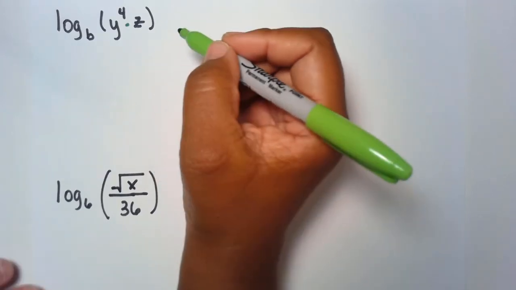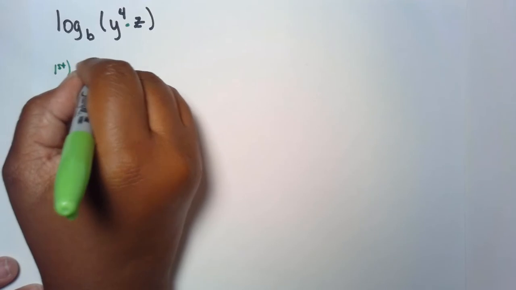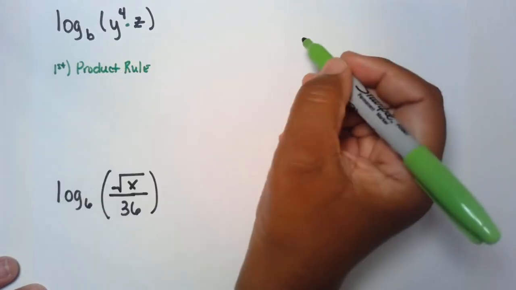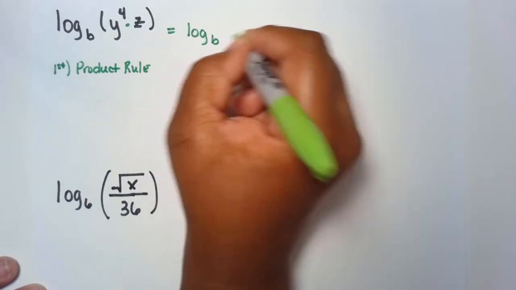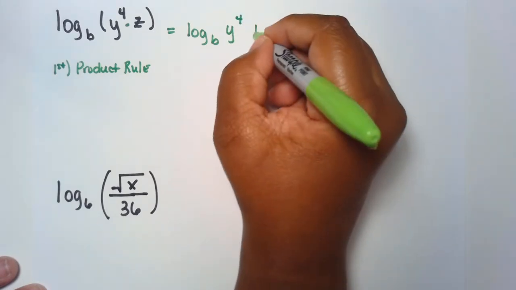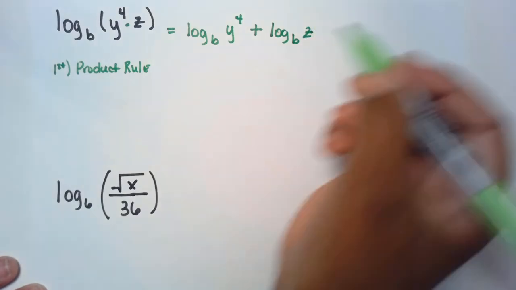So let's first use the product rule. So we have here log base b of y to the fourth plus log base b of z.